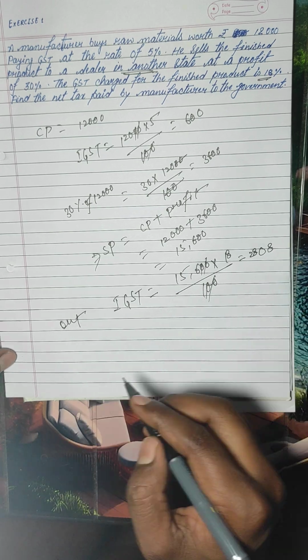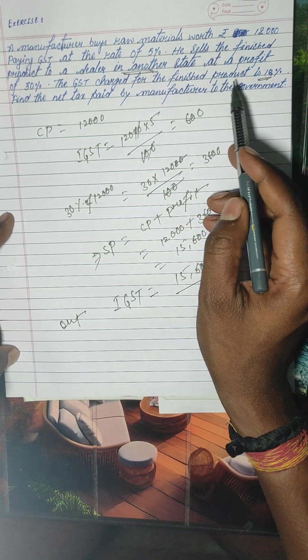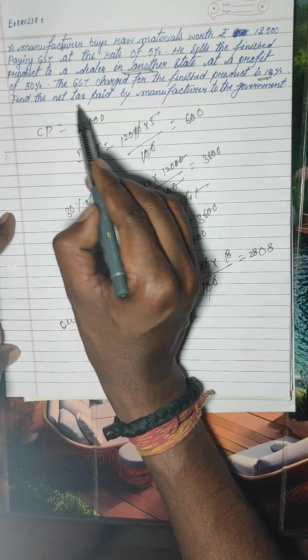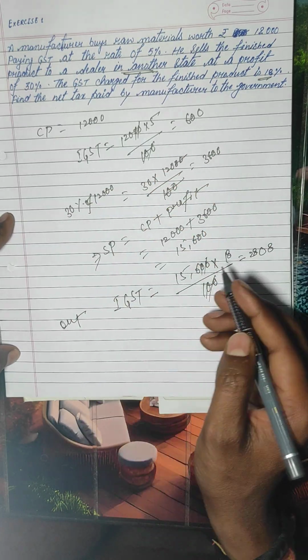Now the question asks to find the net tax paid by the manufacturer to the government.